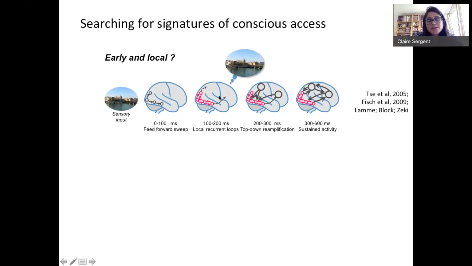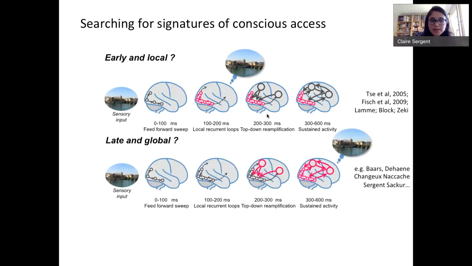Okay, and in this view, all the correlates of conscious access that occur after that are just consequences of this initial becoming conscious of the stimulus. They are downstream events.